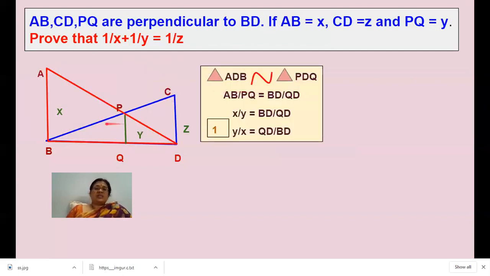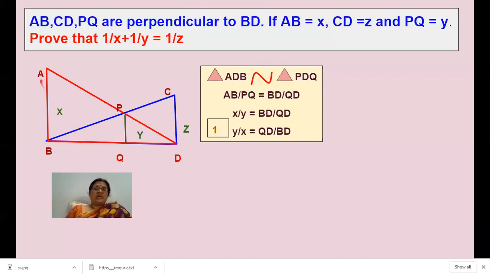When you take the triangle ADB, this right triangle, and triangle PDQ, this triangle, there are two triangles in this big triangle. When you compare these two triangles, you can say these two are similar with each other. So naturally, the corresponding sides are proportional with each other.